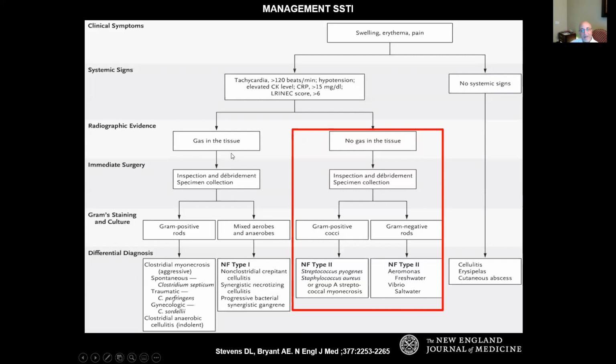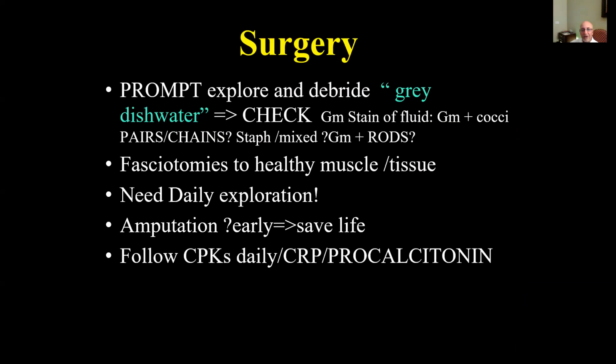If the patient does have gas in the tissues, as demonstrated by physical examination and plain X-ray, and one finds gram-positive rods in the cultures, this is Clostridial myonecrosis, which requires very urgent surgical intervention as well as clindamycin. If the patient does not have systemic signs, this is most likely cellulitis or a cutaneous abscess, and the patient does not require intensive care unit management or a surgical intervention.